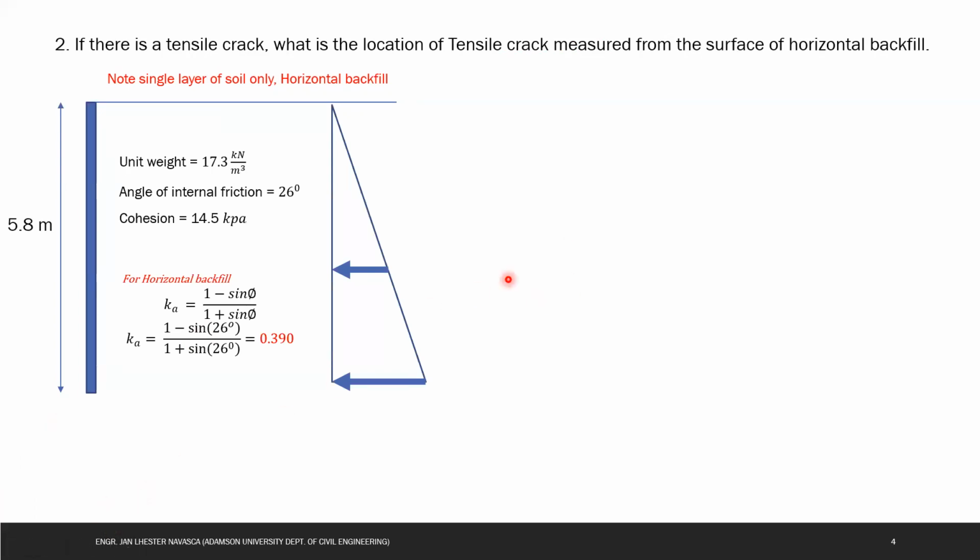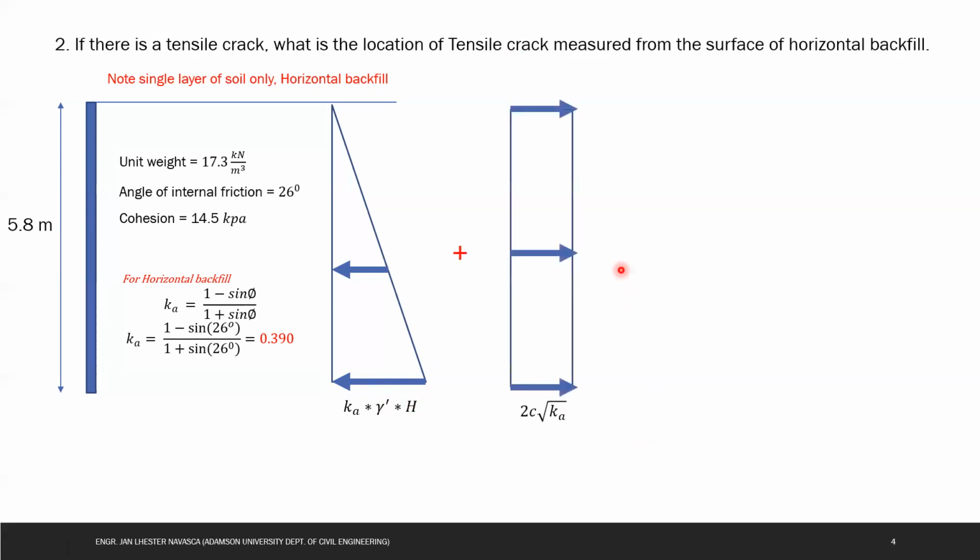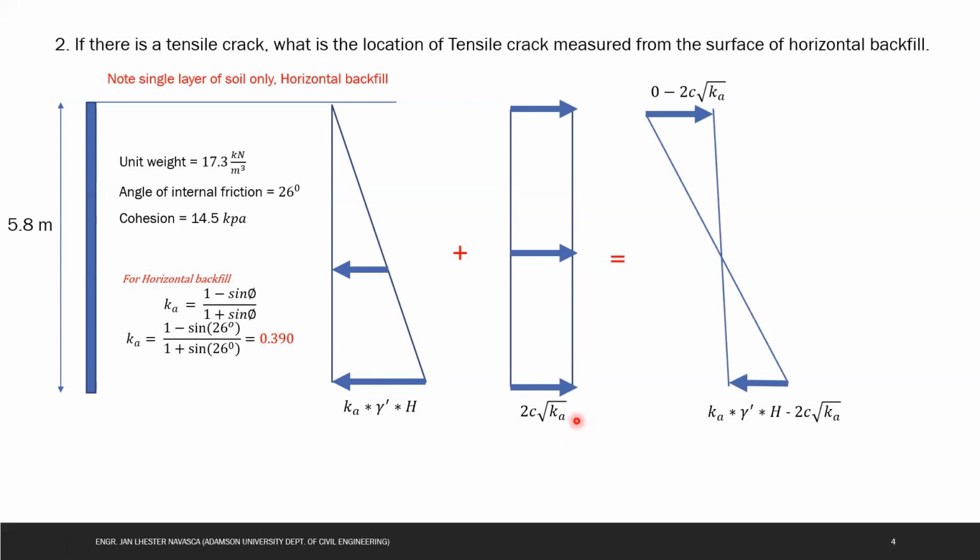Okay, the pressure diagram due to soil. Then your pressure at the bottom will now be K sub A gamma prime times H. And you have this cohesion, which is now in different direction. Okay, you have this 2c square root of K sub A. So mag-a-add lang siya, di ba?